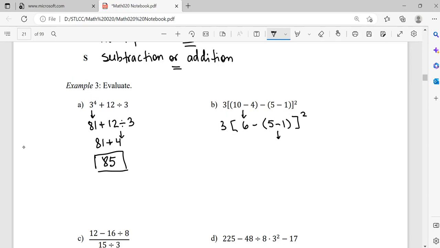I still have not cleared all of the parentheses, so I have to start with the innermost. So I have 3, my bracket, 6 minus, and then 5 minus 1 is going to be a 4. Still inside the bracket. Now I only have one operation inside my brackets, so I'm going to get this part done right here, 6 minus 4, and then I'll move on.